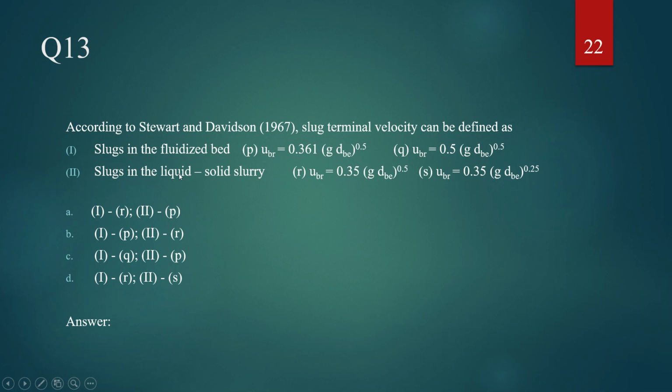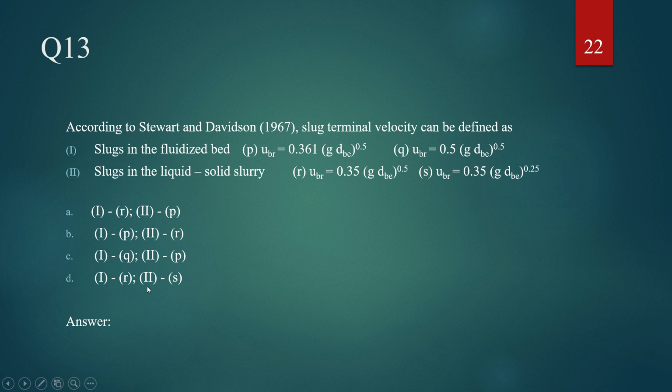That is the bubble rise velocity in the slugging fluidized bed. So for slugs in the fluidized bed, UBR is equal to 0.35 square root of G dBE. 1R is the right answer. So B and C are wrong.